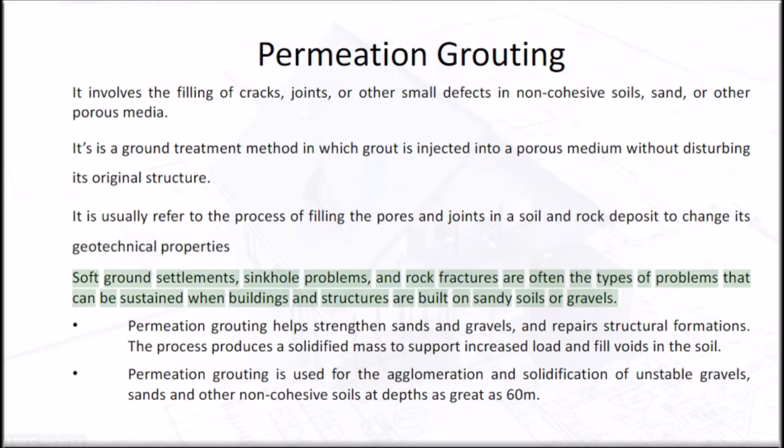Soft ground settlements, sinkhole problems, and rock fractures are often the types of problems that can be sustained when buildings and structures are built on sandy soils or gravels. Permeation grouting helps strengthen sands and gravels, and repairs structural formations.